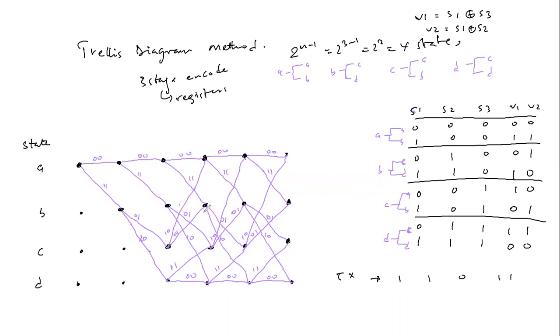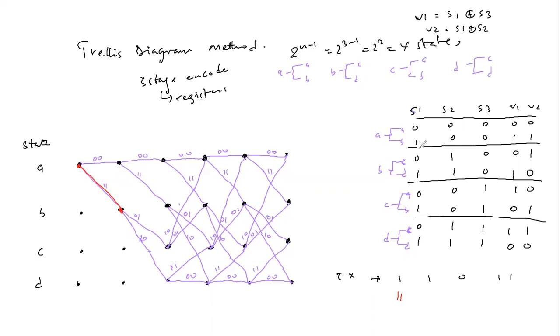So now, recall that the uppermost branch is a 0, because emitting a 0, and the lowermost branch is a 1. So when we emit a 1, it means we are going to come this way. So let's use a red. We'll move from state A to state B, tracing this part to state B, and the output is 1, 1, because a 1 was emitted.